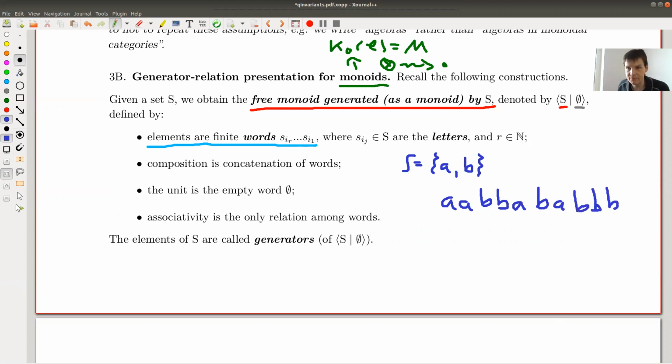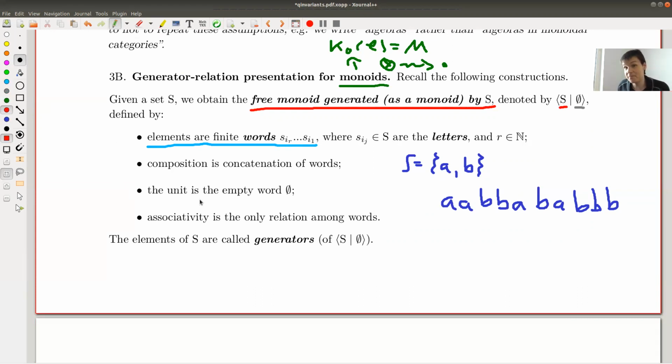That's a word, and those are the elements of my free monoid. No rules at all. Just stack them together. Each word is its own element. The only condition is it should be finite, otherwise we run into some problems. This cannot be easier, right? You just pick an alphabet, and everything you can build out of this alphabet is a word, an element in your free monoid.